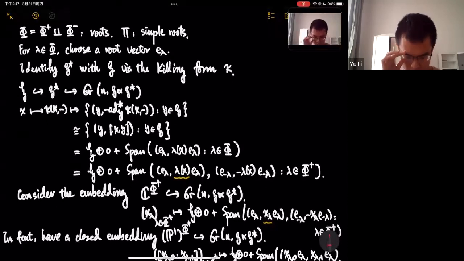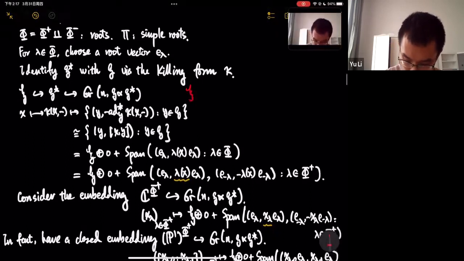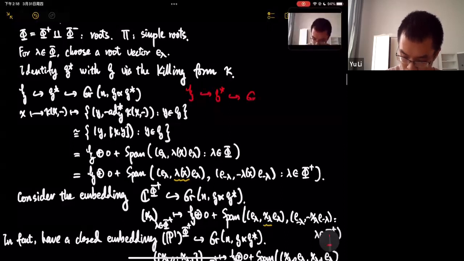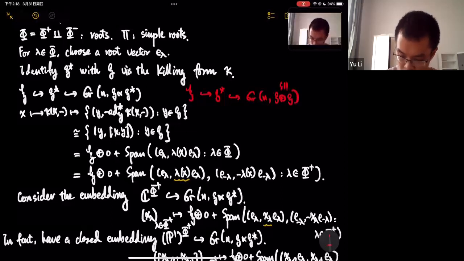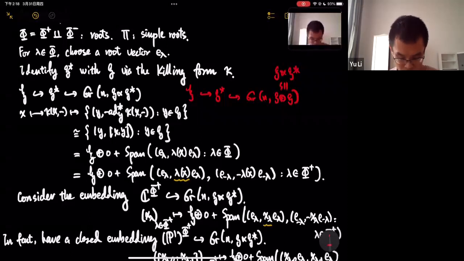And then under this identification, so the composition map from H to the Grassmannian of n-dimensional subspaces of G direct sum G. I mean, G direct sum G as a vector space is just this G semi-direct product G star, but I only care about the vector space structure at this point.